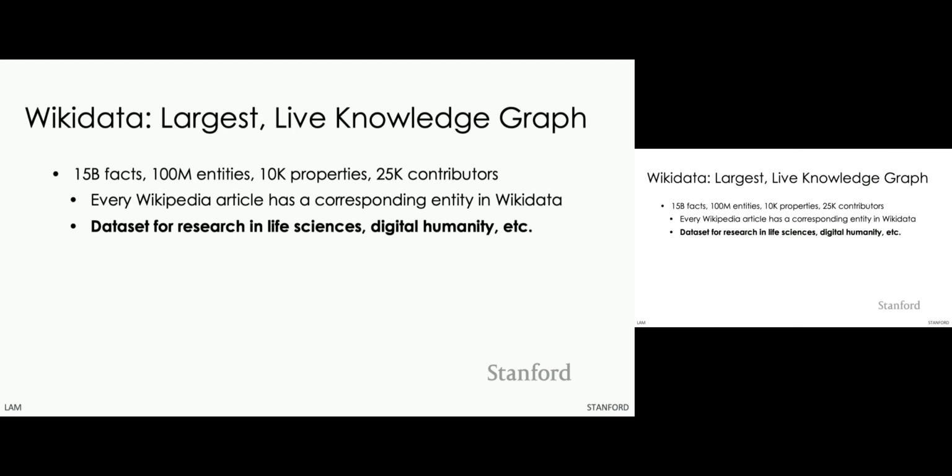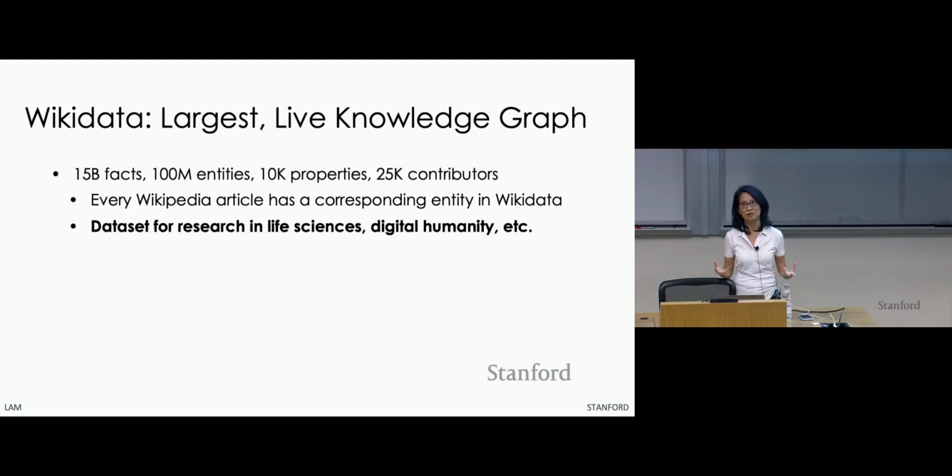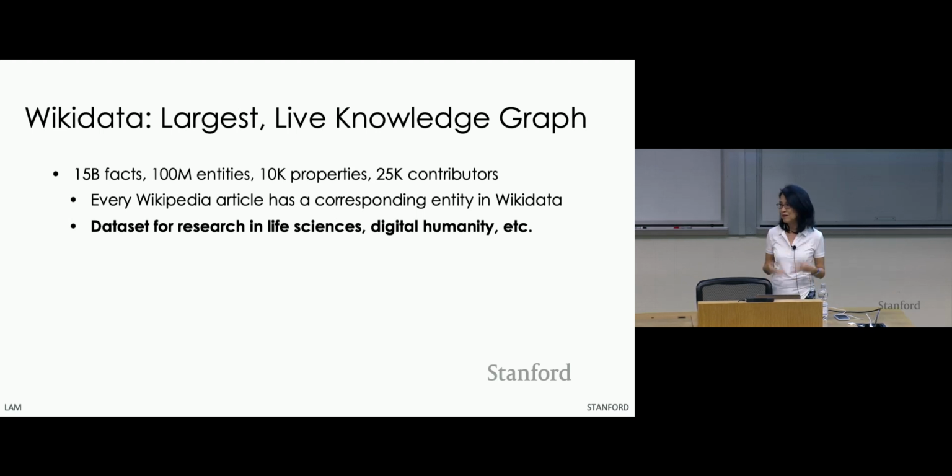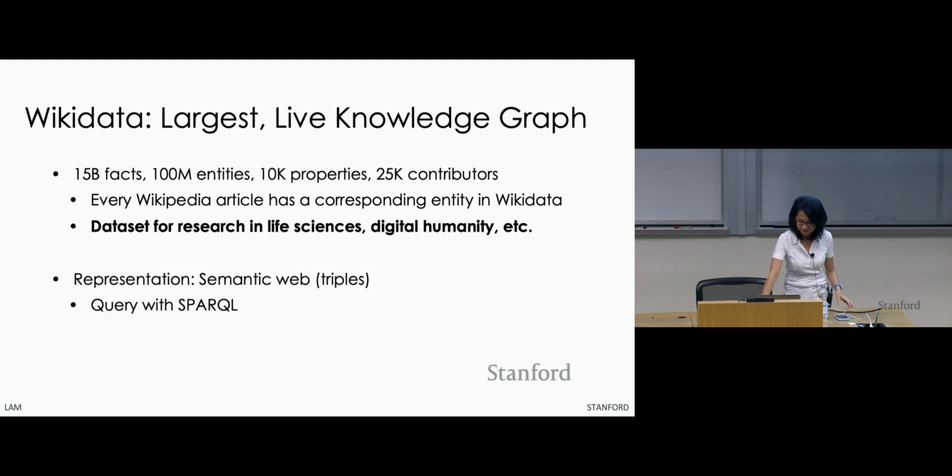You may not be using it yourself, but it is actually used in research, for example, life sciences, digital humanities, and so forth. It has everything about where every city is in the world, how many people there are in each city, and just all kinds of information are in this Wikidata.